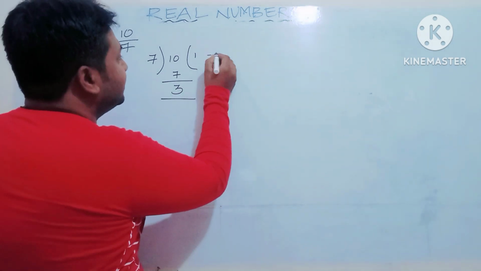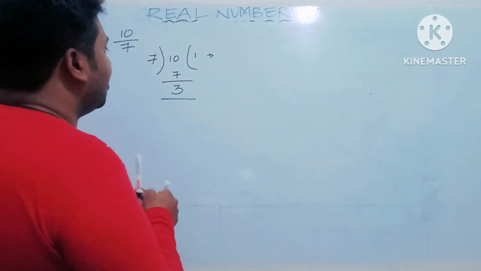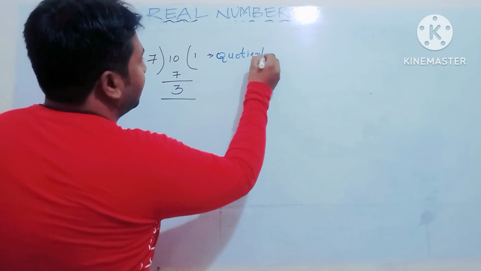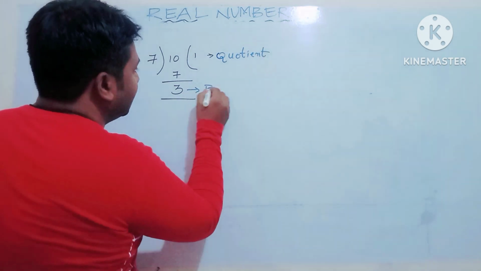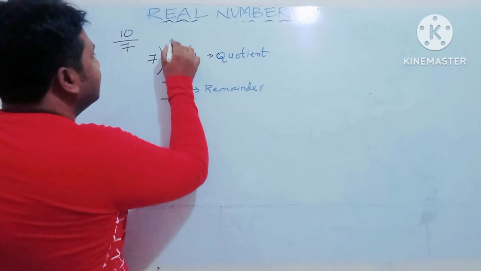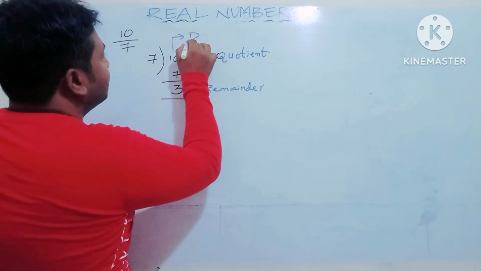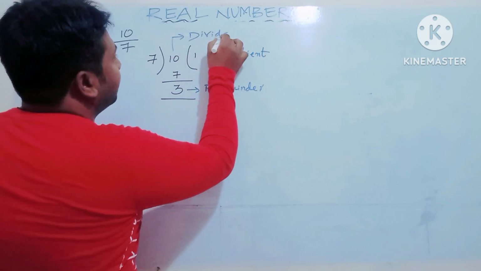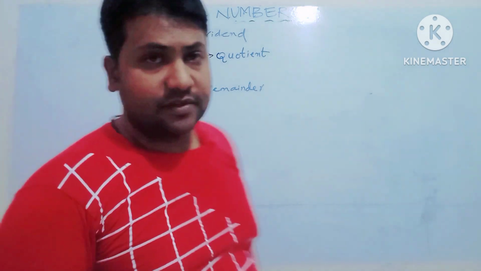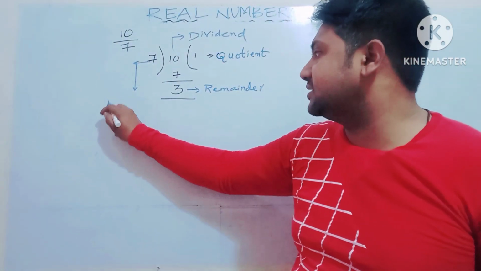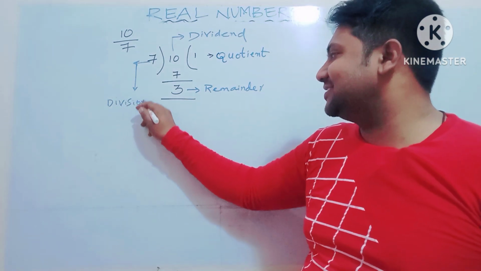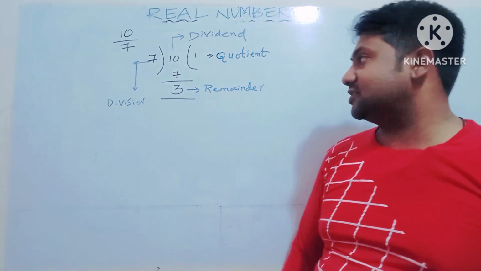So here this 1 is called the quotient, whereas this 3 is the remainder, this 10 is the dividend, and this 7 is the divisor. Hope you all know this. It's from 3rd, 4th classes.